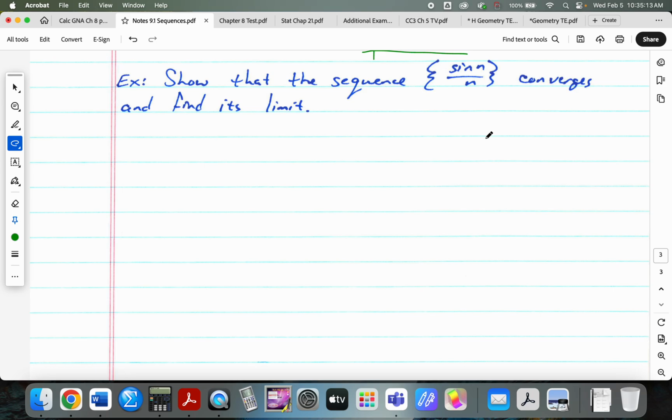Show that the sequence sine of n over n converges, and find its limit. Okay, so we did exactly the same thing earlier in the year. What does sine of n oscillate between? -1 and 1. So we know that -1 over n is less than or equal to sine of n over n, which is less than or equal to 1 over n.